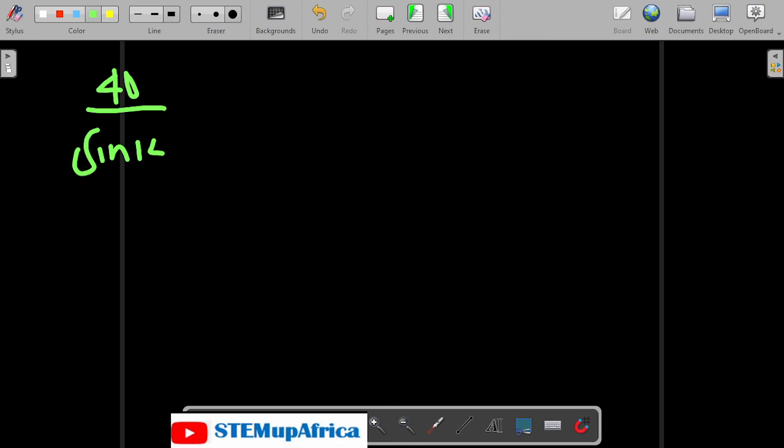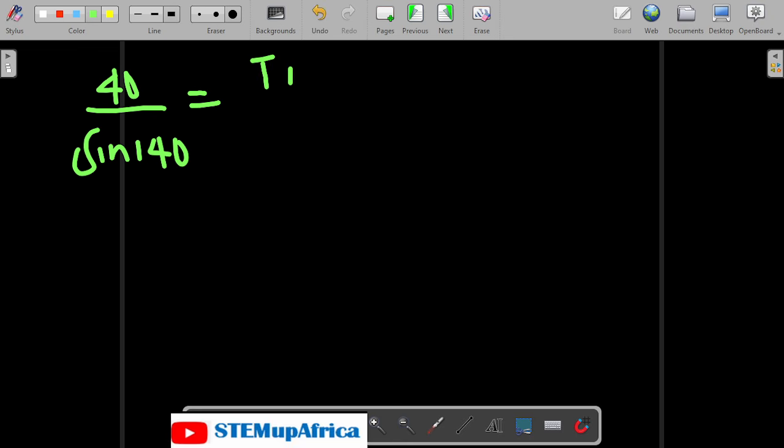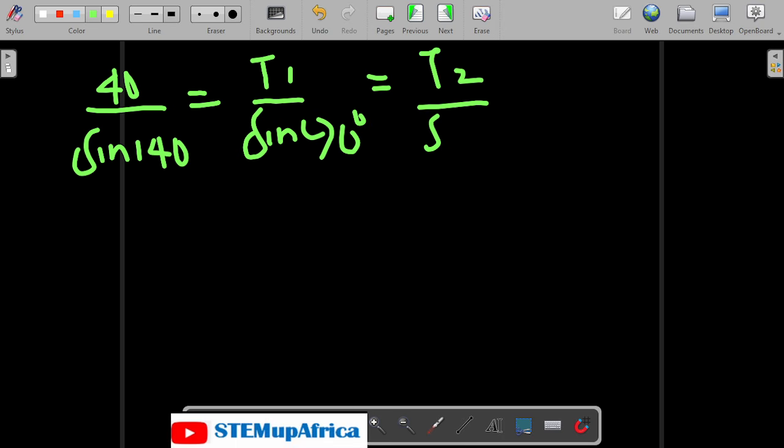So 40 over sine 140 is equal to T1 over sine 90, which is equal to T2 over sine 130 degrees.